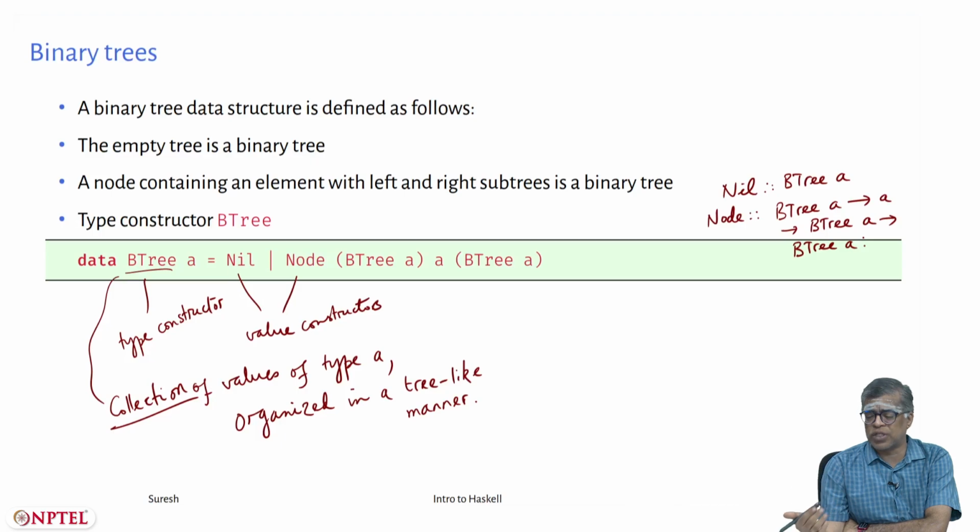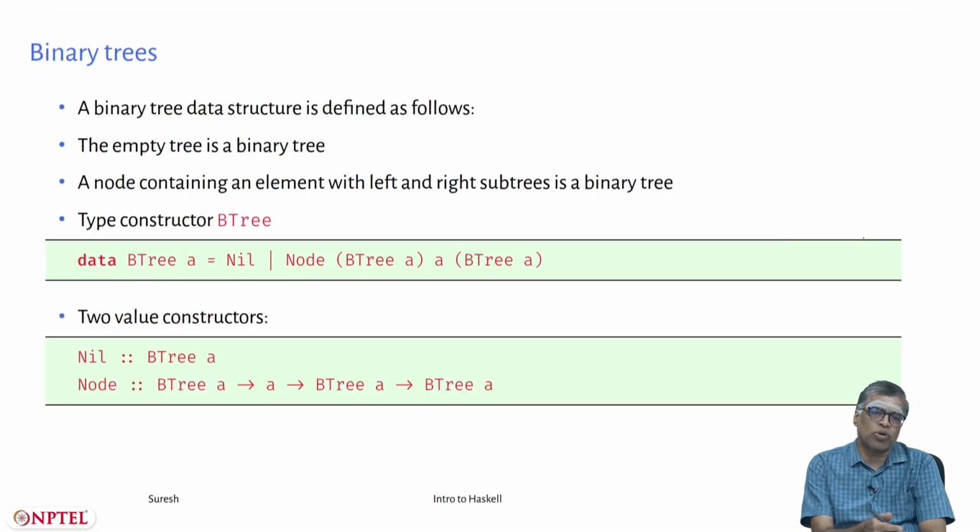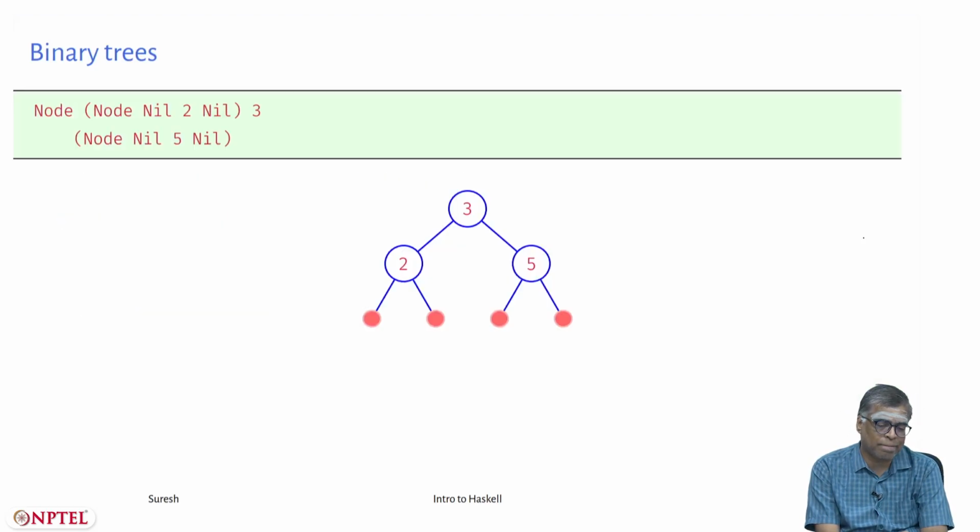Constructors are nothing but functions. So nil and node are nothing but functions of these appropriate types. They will always produce a value of type BTree A. So the two value constructors are nil and node with these types, as I have just mentioned.